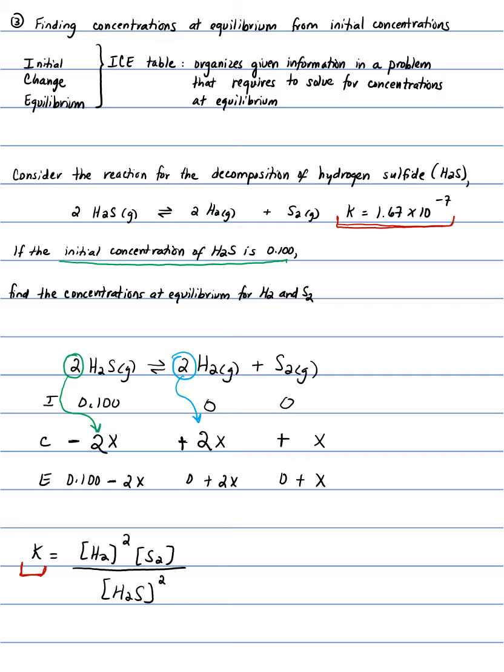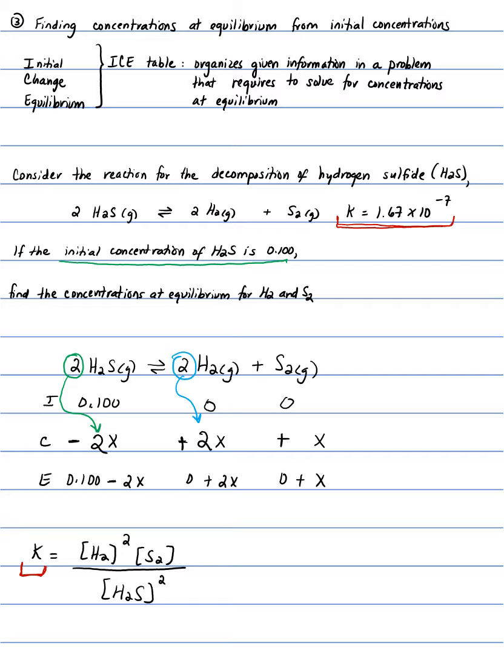Now, if you check, you have your equilibrium constant expression, you have concentrations at equilibrium, but you don't have an actual value for them. But if we know how much is X, we can actually get a numerical value for all of the concentrations at equilibrium. Look, if you know how much is X, 0.100 minus 2 times that number will give you the concentration at equilibrium for H2S.